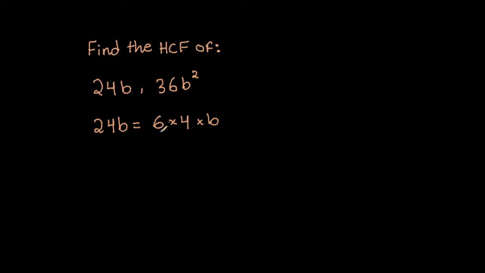Now the 6 can be broken down into 2 times 3. And then the 4 can be broken down into 2 times 2. So times 2 times 2, and then we have times b.